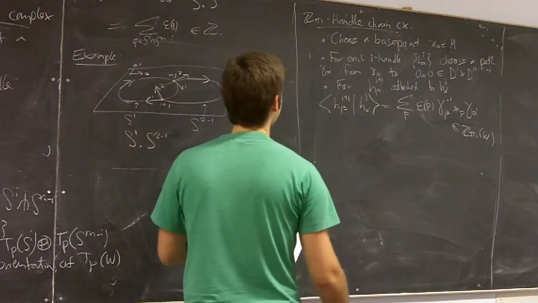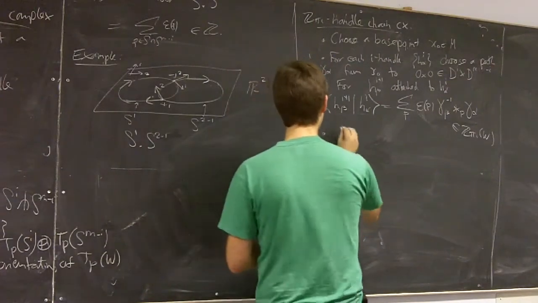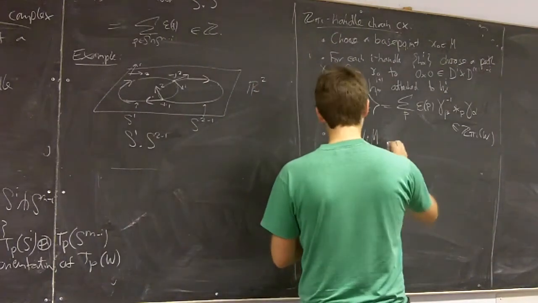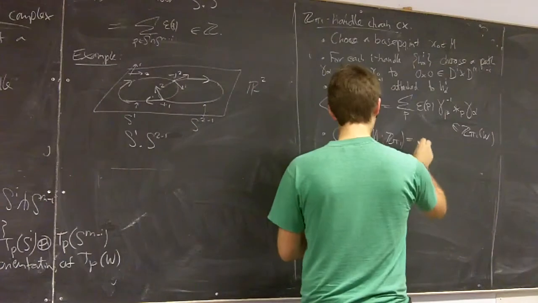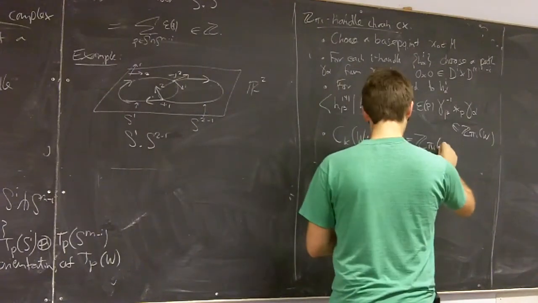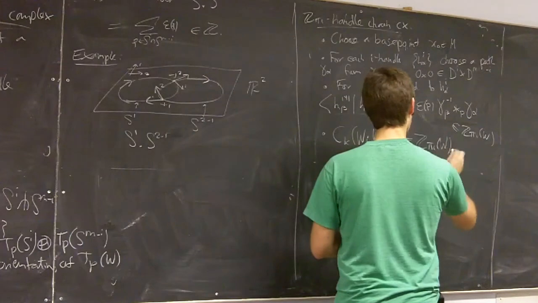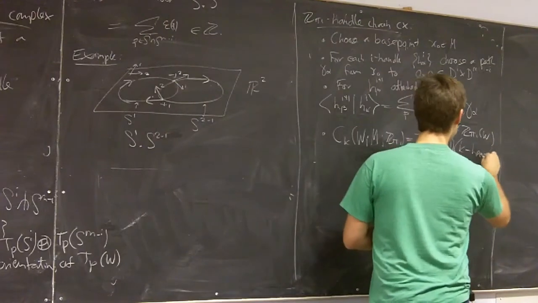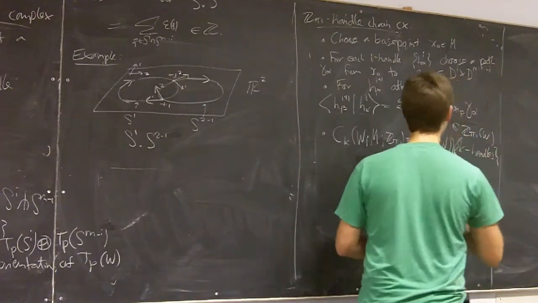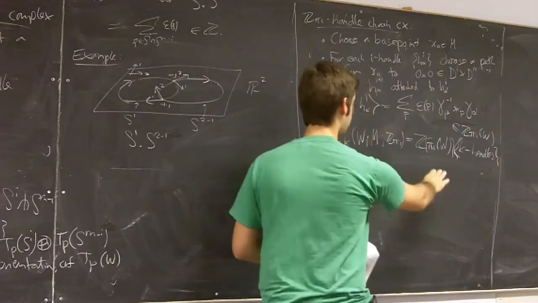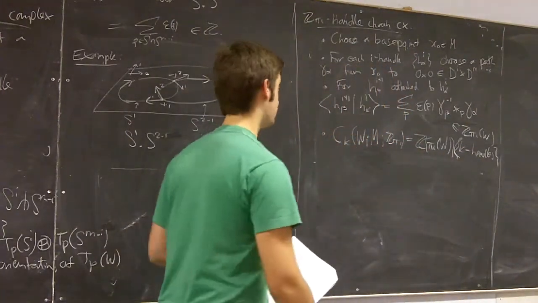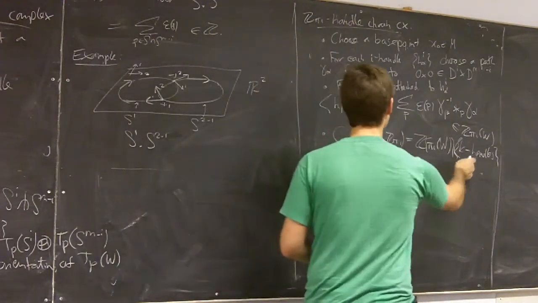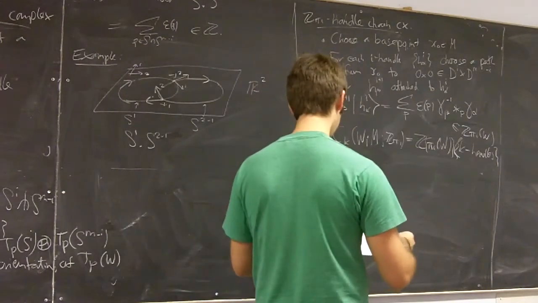And then what we do is we define our chain complex. We just say that the kth chain group is a copy of Z pi 1 for each k handle. We get the free Z pi 1 module generated by the k handles.